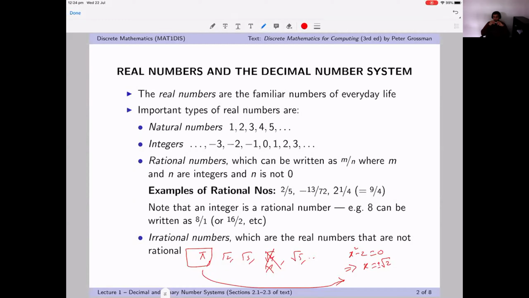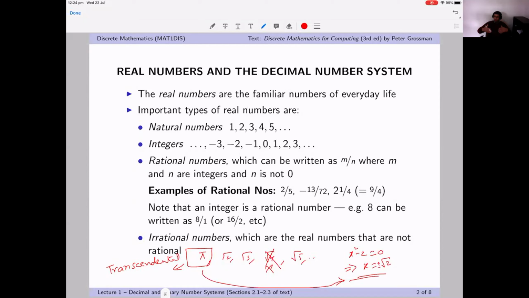Yes, it is an irrational number, but let me give you more information about that. It's actually more than that. It is a transcendental number. Transcendental numbers transcend on us. It is not a solution of any equation, it just transcends on us.